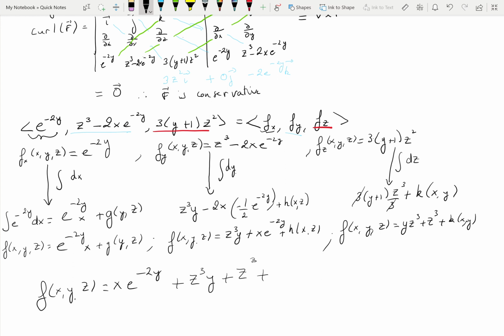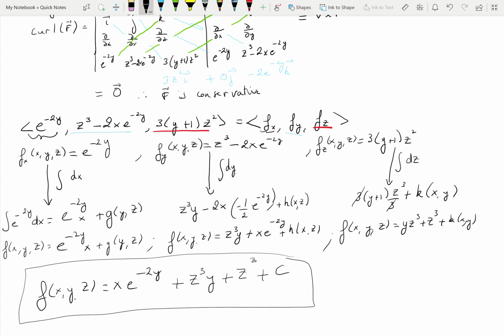And then a function of yz, xz, and xy, any constant is going to be actually a function of yz or xz or xy. So this is the most general form of the potential function.